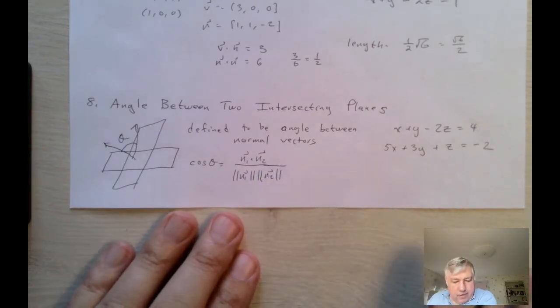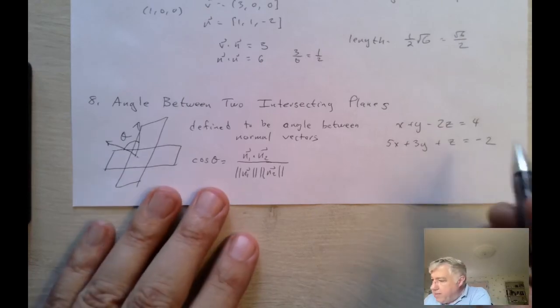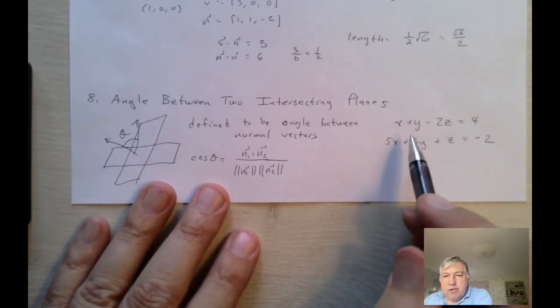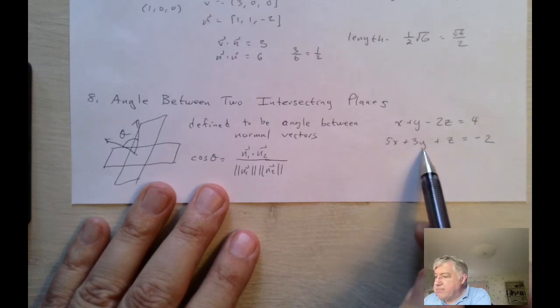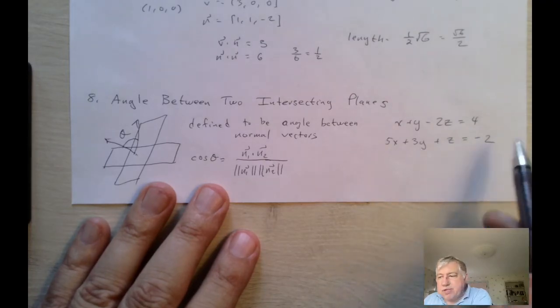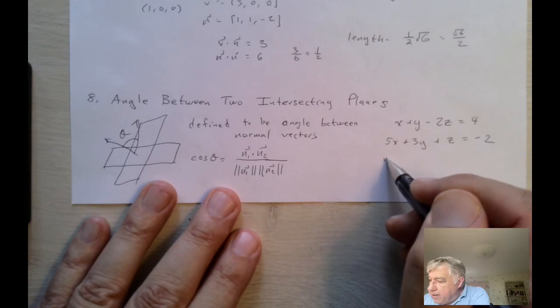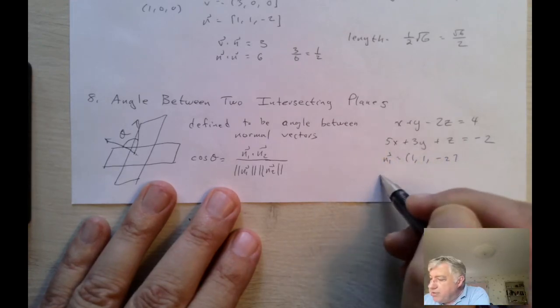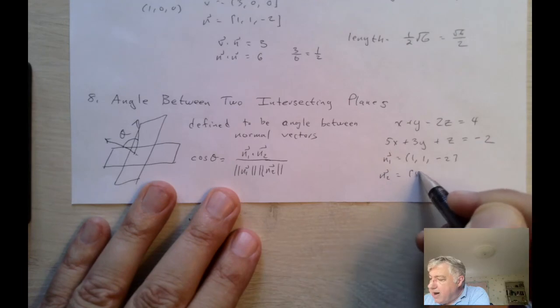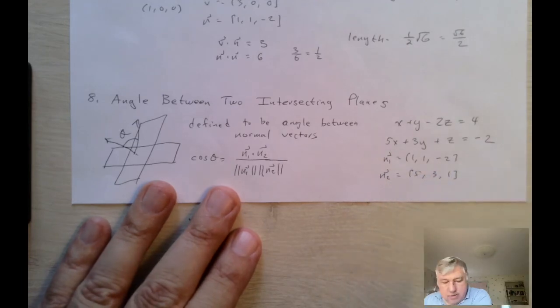Okay. And in this particular example, we have our original plane, and then 5x plus 3y plus z equals negative 2. We can let n1 be (1, 1, negative 2), n2 is going to be (5, 3, 1).